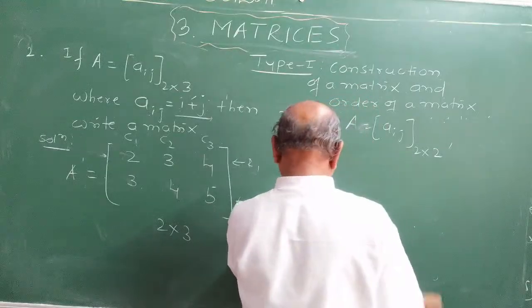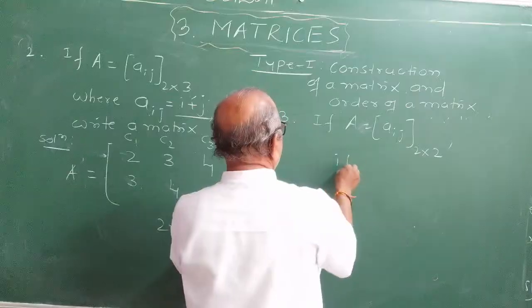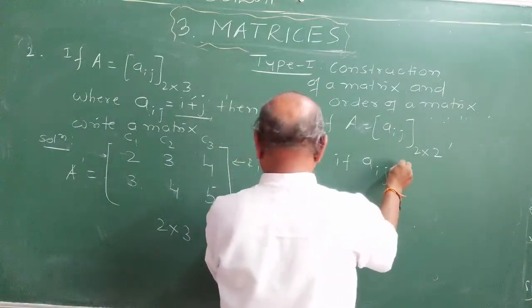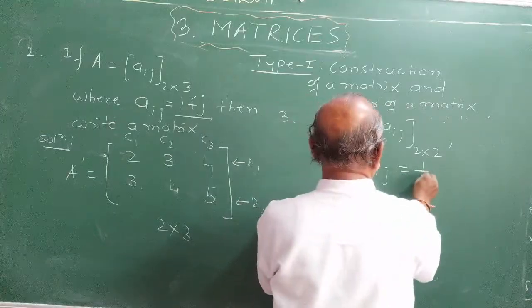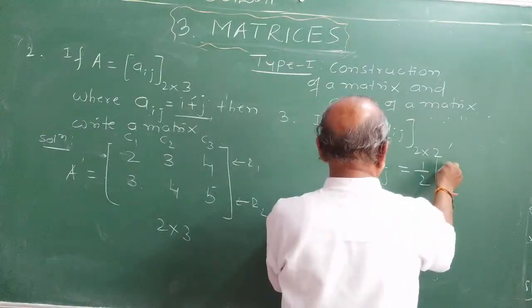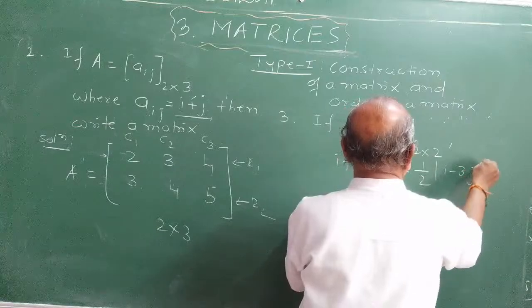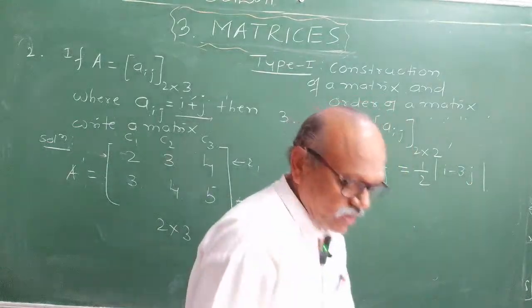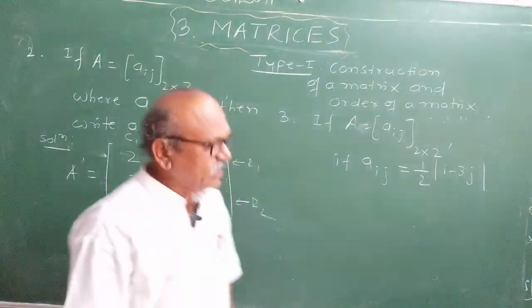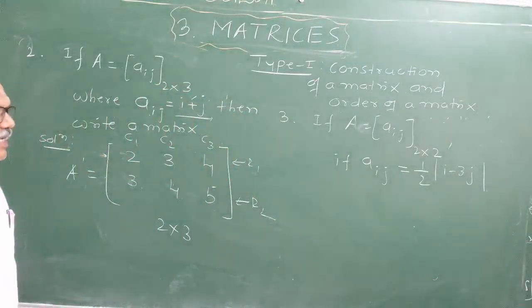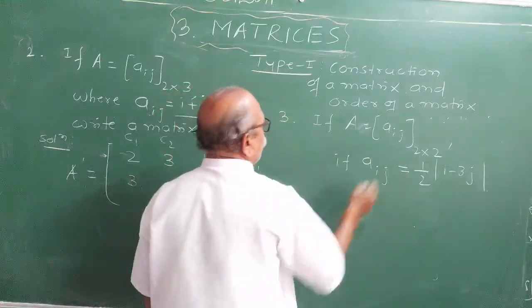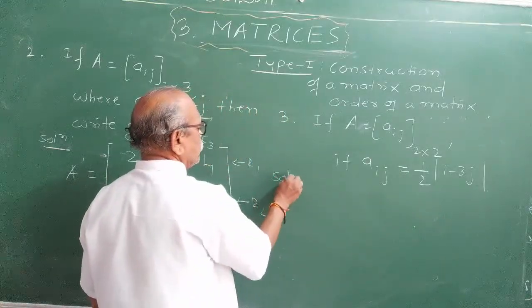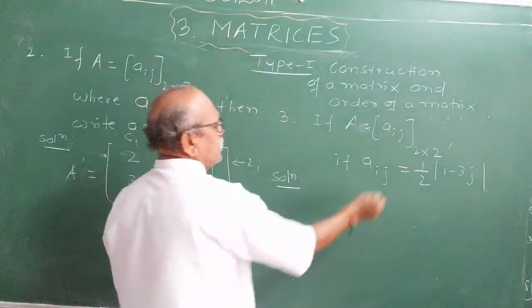If Aij is equal to 1 by 2 modulus of i minus 3j is the condition. Suppose you are given a condition like this, you must construct a matrix. Carefully study. To get any element of order 2 by 2, what is the solution for this? The solution for this is 2 by 2.